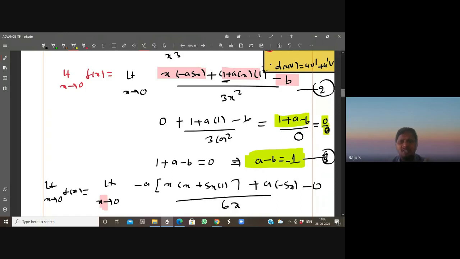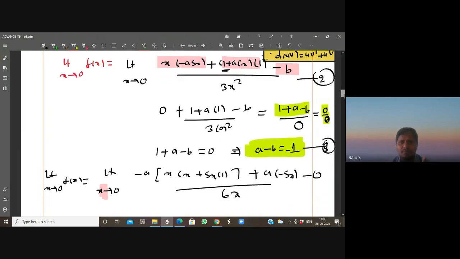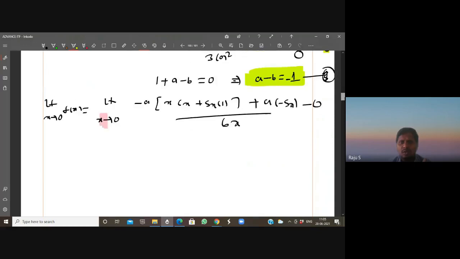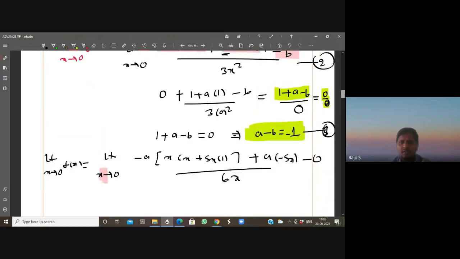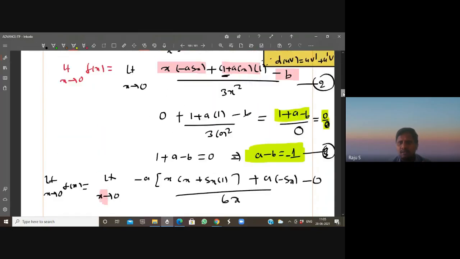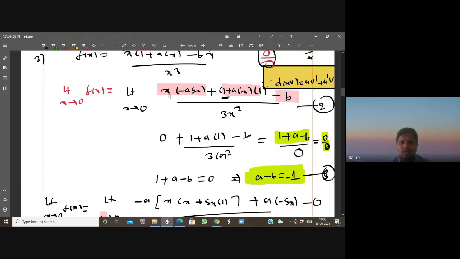Again, you can differentiate numerator separately, denominator separately. I applied this uv formula again, x into... Okay, I'm taking minus a as common. When I take minus a common, we're differentiating directly now. Minus a is a constant, am I right?